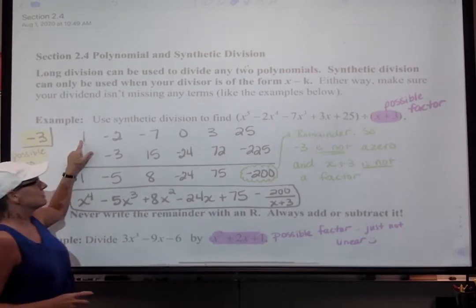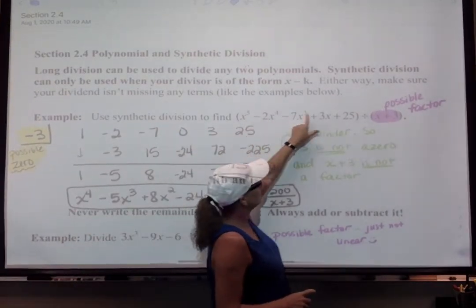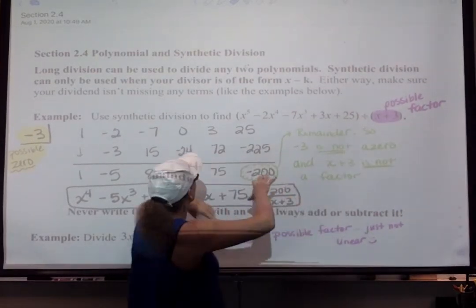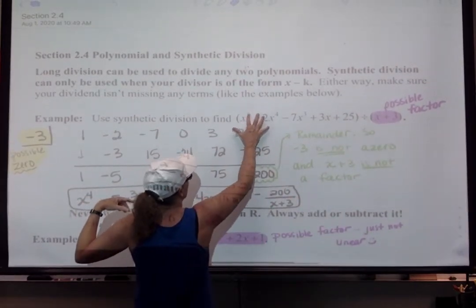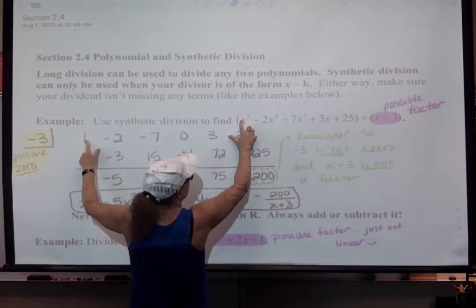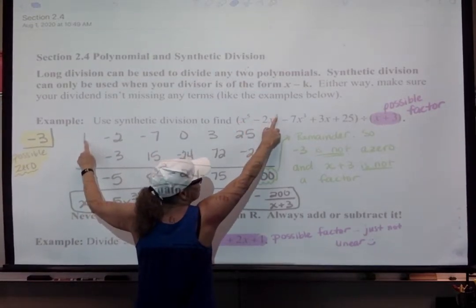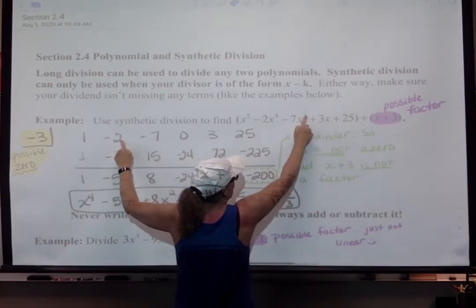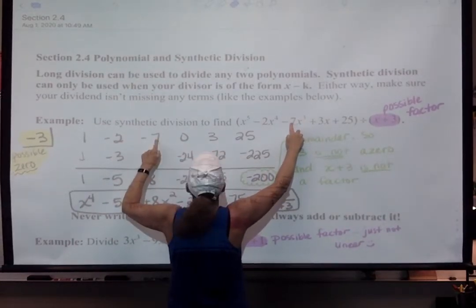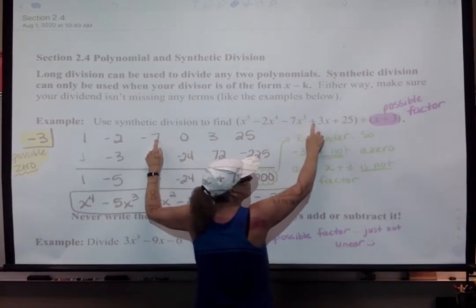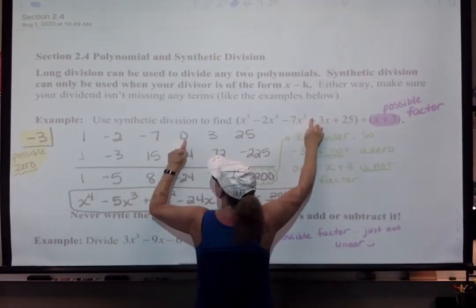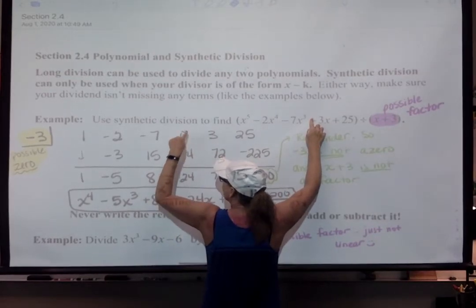Now what I'm going to do is go through and list all of my coefficients for each x term. So this is a 5th degree polynomial, so my leading coefficient is 1, and then the very next power is x to the 4th, so I use the -2. The very next power is x to the 3rd, so I use the -7. There is no x squared. It's up to you to recognize that there's no x squared and use a placeholder.